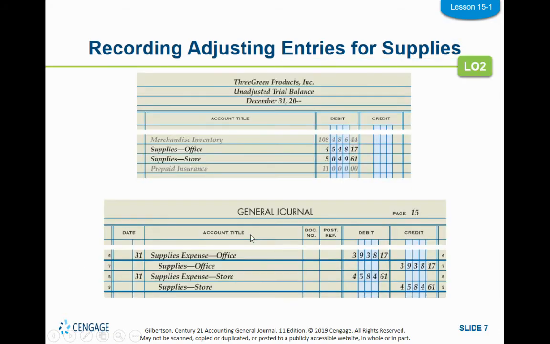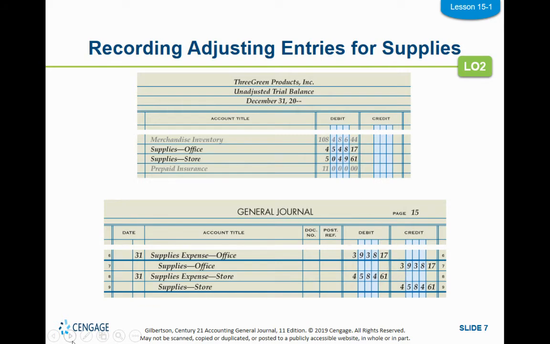So when we go to do the adjustments in the general journal, again, you would have the heading up here. They don't show it, but you would have that heading that says adjusting entries centered on the line, and then you do your transactions. They do the supplies office first because alphabetically in your chart of accounts, office is going to come before store. So that's the only reason office is first. So you do your adjustments.